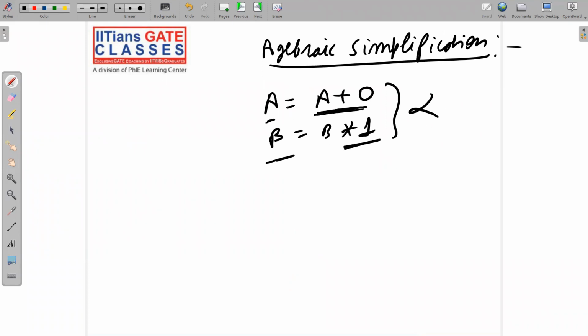So why activate the adder circuit of the ALU and then add, or activate the multiplier circuit and multiply them, and so on? We should avoid all these things. As soon as the compiler sees these lines, it will simply delete them, saying that these are not useful lines. So I hope I have made the point clear to everybody.